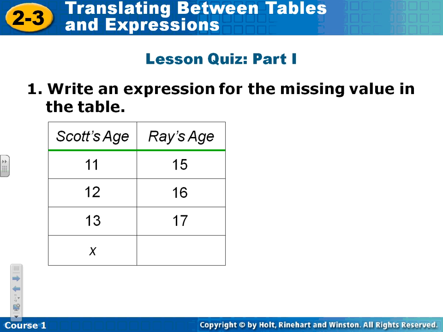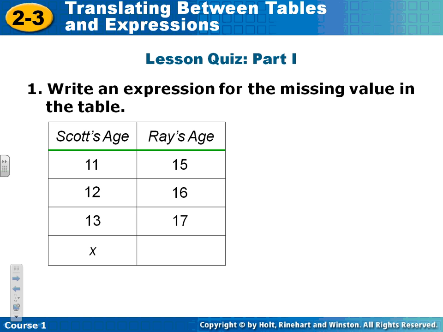Back to these. What are we doing to Scott's age to get Ray's age? Find the pattern. What's the pattern? Well, how do we get from 11 to 15? Add 4.